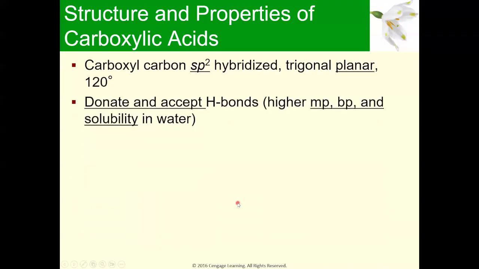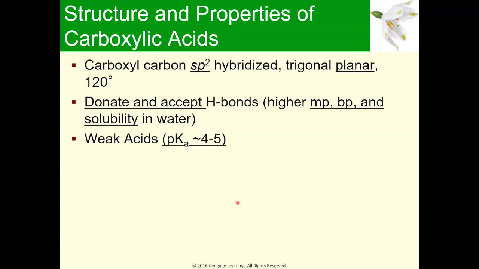Another important property is the fact that they can both donate and accept hydrogen bonds. They have that OH bond that can donate the hydrogen bond, and with 2 oxygen atoms in the functional group they have lone pairs that can accept hydrogen bonds. The consequence is that carboxylic acids typically have, relatively speaking, high melting points, boiling points, and solubility.